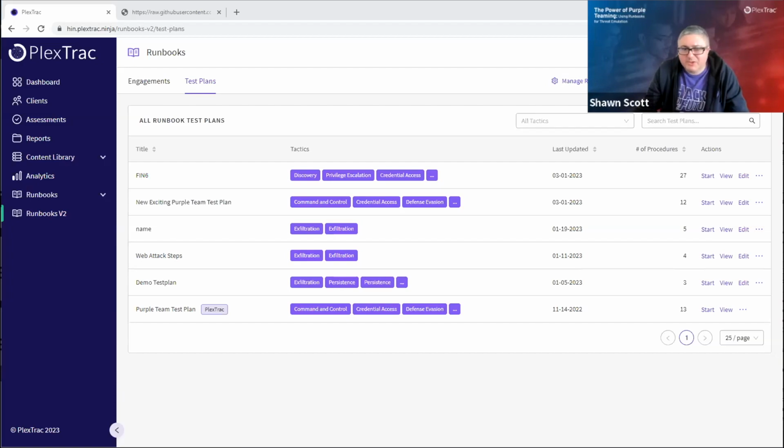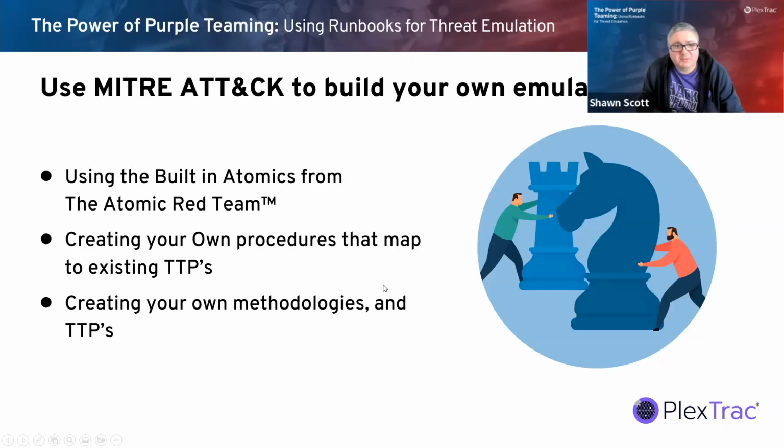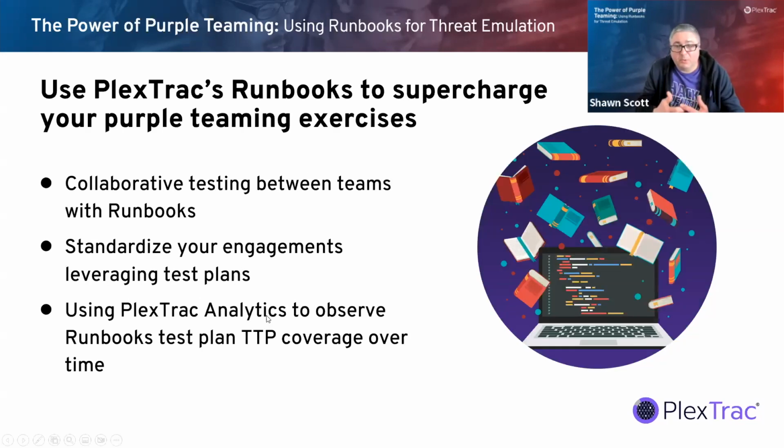And we've actually got a question. Is there a way to include the MITRE technique IDs into the report in an automated way? Yes, all of the atomics that we have already have the techniques tagged onto them and are available to you.